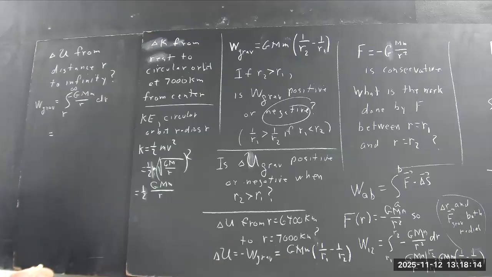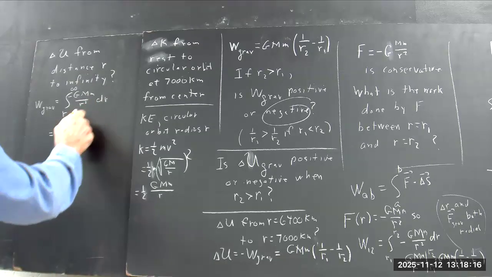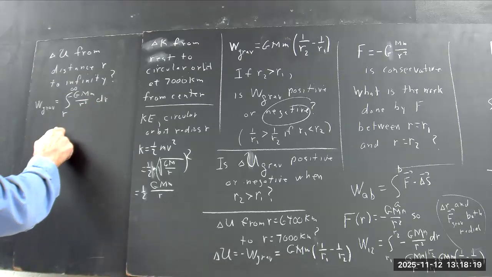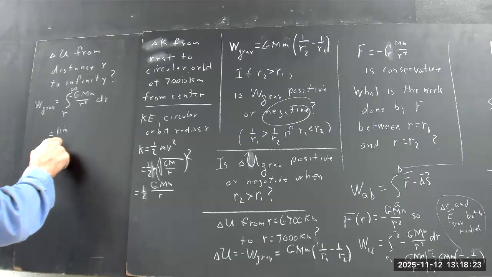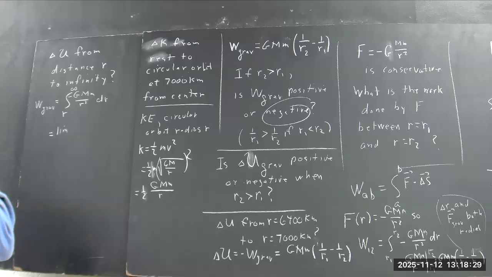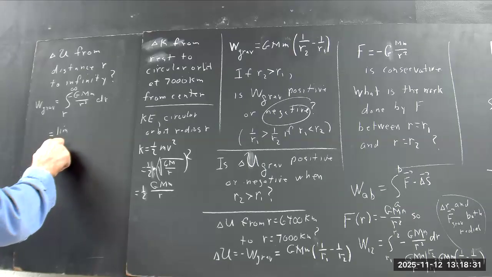That's the force exerted by gravity, over r squared, which is the limit as big R goes to infinity. I like using little r because it usually is the radius of the Earth.